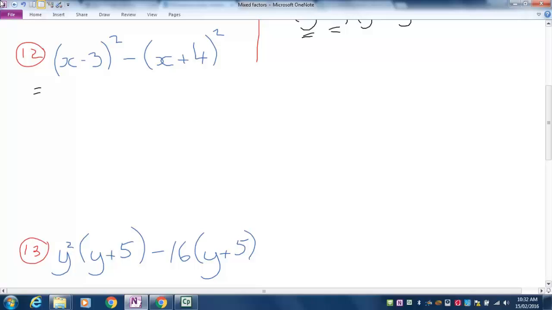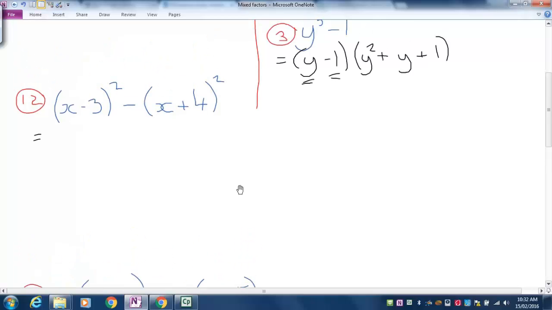Instead, we need to recognise that this is a difference of 2 squares. And so I'm going to have 2 sets of brackets.